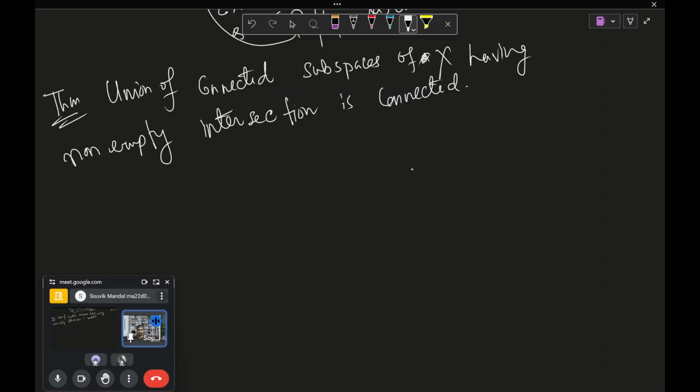So what is the theorem? This theorem is that the union of connected subspaces of X having non-empty intersection is connected.